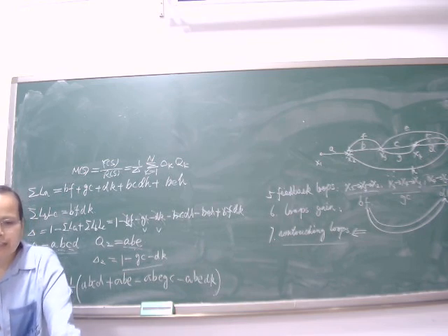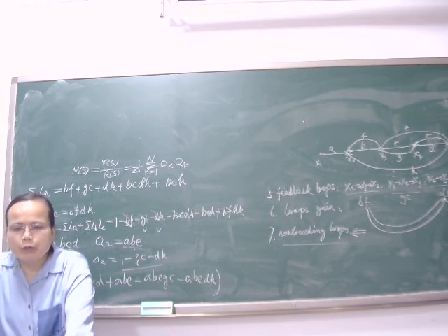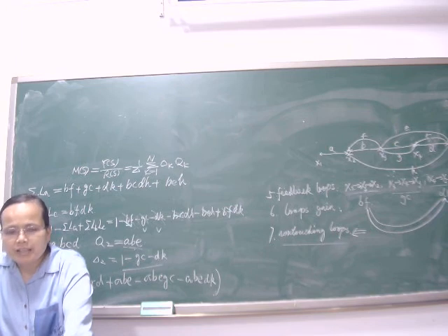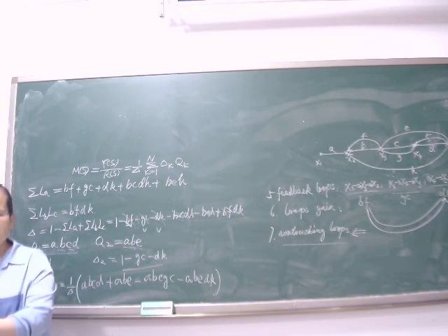Second is the unit step. For the unit step, u of t equal to 0 if t is less than 0, equal to 1 if t is greater than 0.